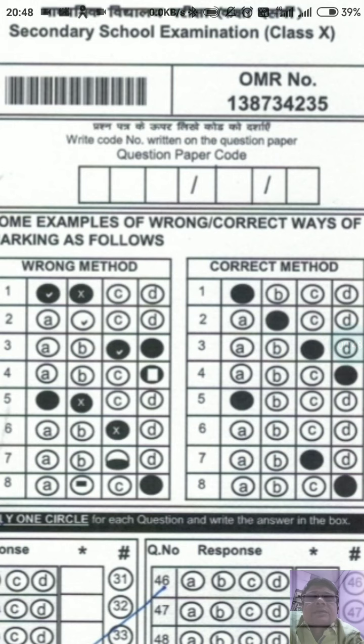Also, we know that the term 1 examination, that is 50% of the syllabus, 50% of the whole marks, is going to be conducted in the month of November and December.